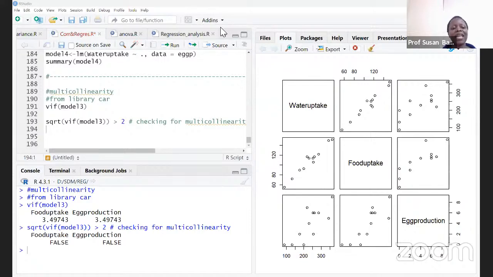Now, down here on line 193, we've tested whether there's a problem of multicollinearity using square root in brackets VIF model 3. And when we ran that, we found out that there was no multicollinearity. It's saying false, false, meaning no multicollinearity. If it had said true, true, then the two variables would be highly correlated, and the correlation is likely to affect your results.